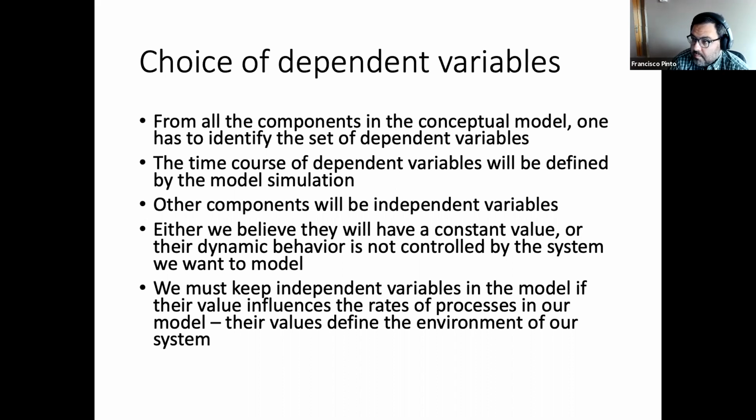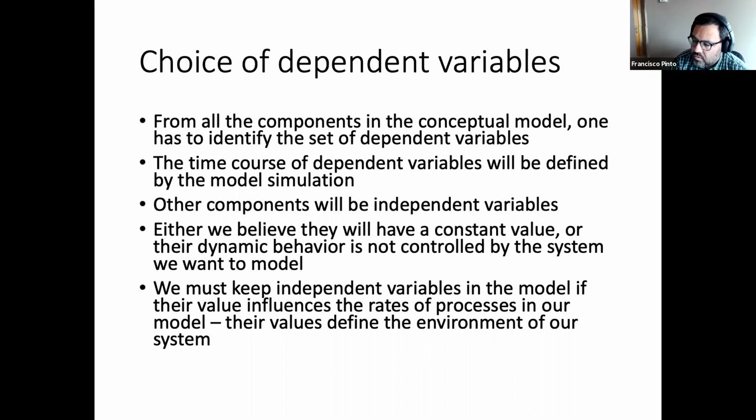And eventually there are some components in some conceptual models that you are simply going to ignore. Okay? You can ignore components either because in the time scale of your in silico experiments you can assume that those values are constant, or, for example, as in the case of the ATP molecule, it is a component that participates in such a large number of processes that you are not going to include all those processes in the model.